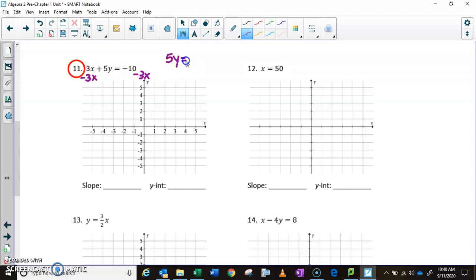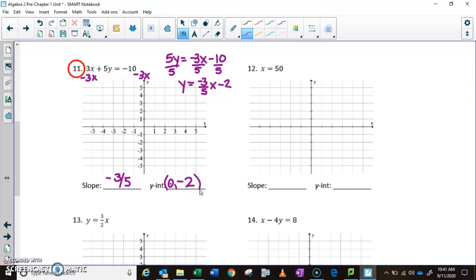So 5y is -3x minus 10. Divide both sides by 5. So y is -3/5 x minus 2. That tells me my slope is -3/5. My y-intercept, we should be writing these, is -2. As an ordered pair, it's (0, -2).